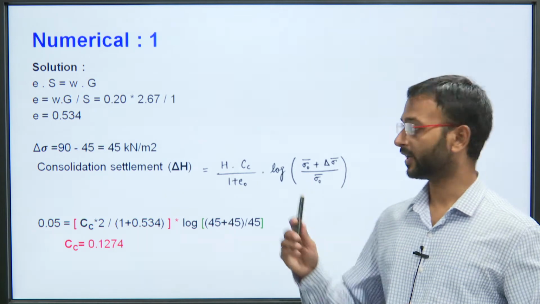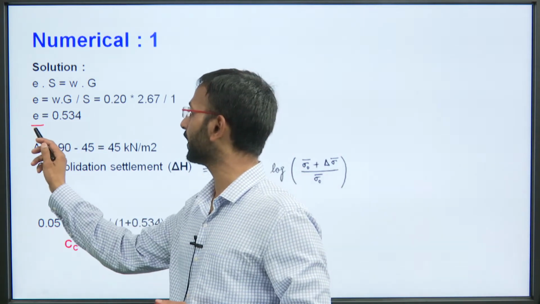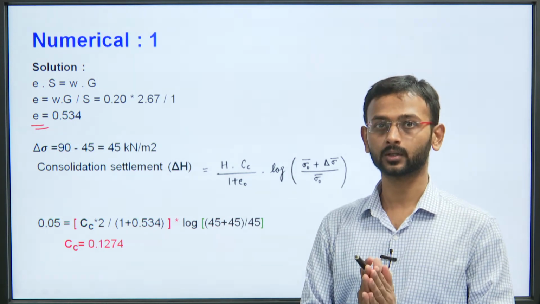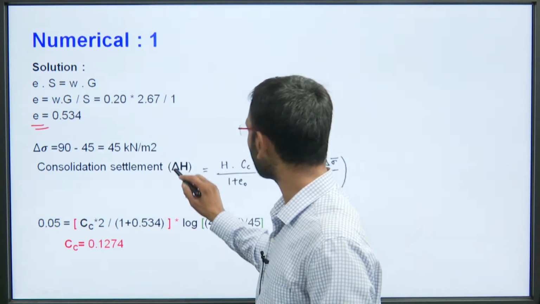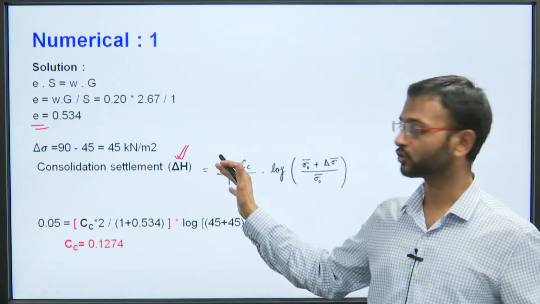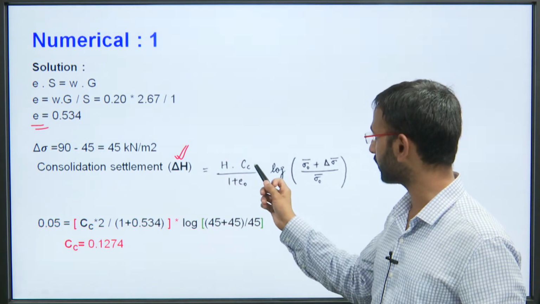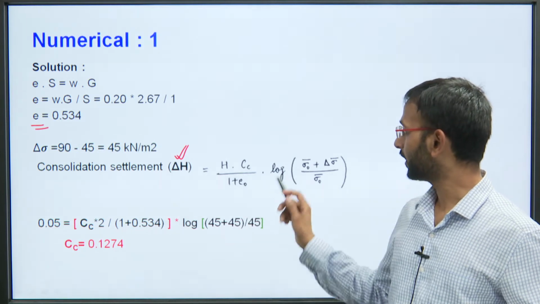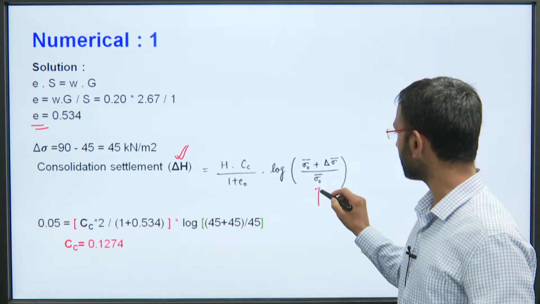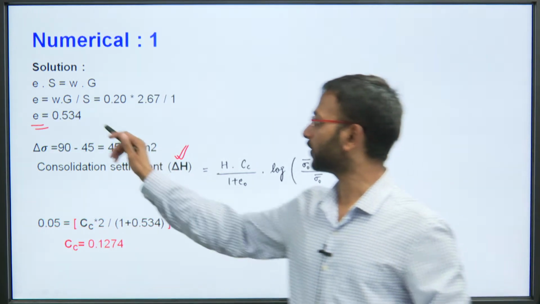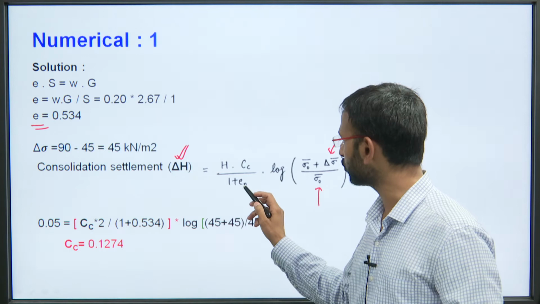Again see, you have to find out the void ratio, because when you are trying to find out the settlement, what is the formula? Delta H is equal to H naught into Cc, the compression index, by 1 plus e naught into log of the final stress by the initial stress. First we have to find e naught.